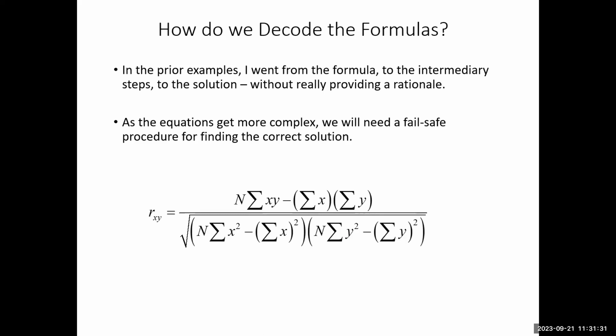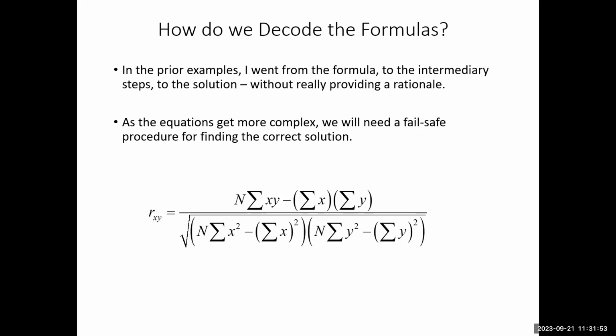So now I want to take a second and really talk about the process that we've been using. On these first few slides, I showed you some basic equations. I walked you through a couple of intermediary steps, and we got to the answer, but I didn't really stop to talk about the process. And so I want to do that now.